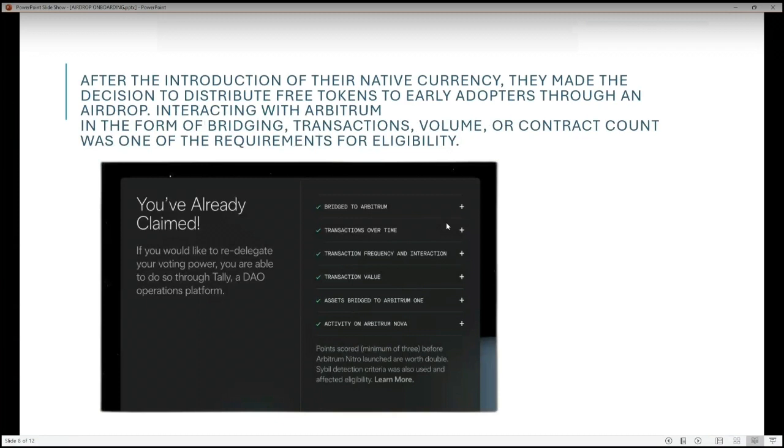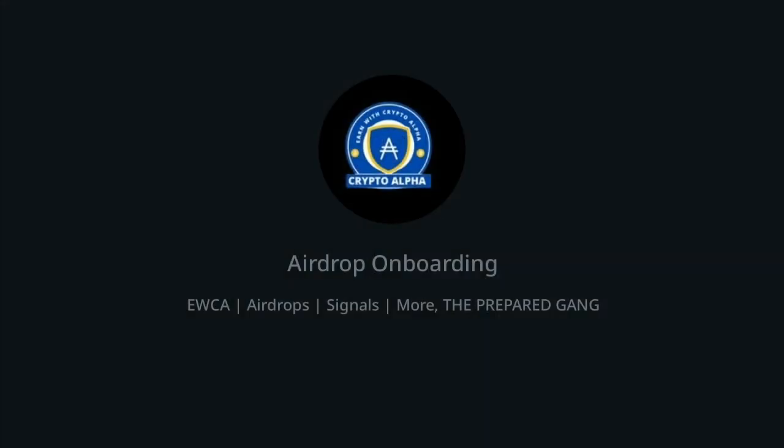One of them is bridging. Maybe you used the Arbitrum blockchain to carry out some bridging transaction, or you accumulated some volume, or just contract count. You were able to interact with several smart contracts. That was one of the requirements for eligibility.